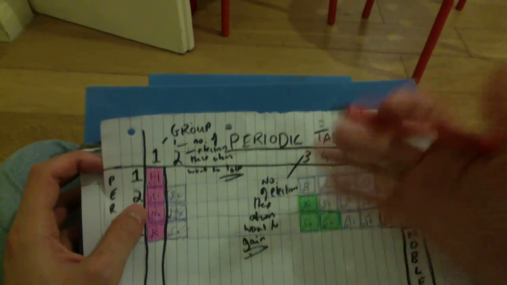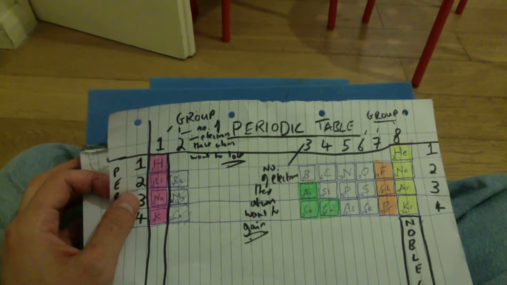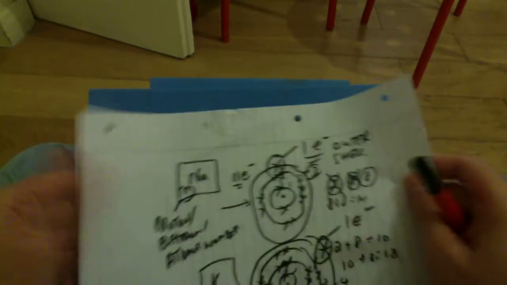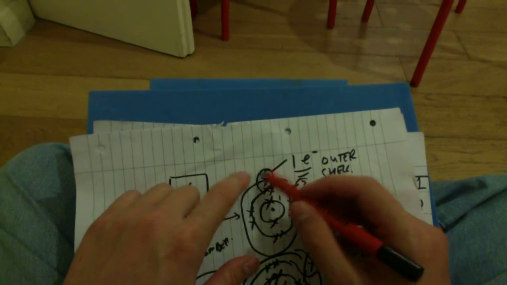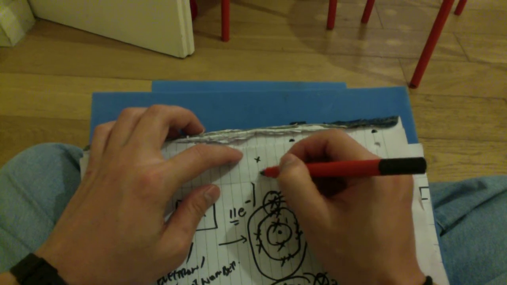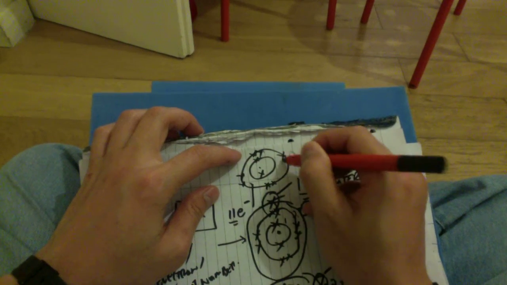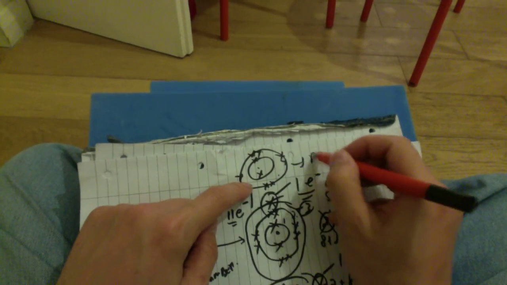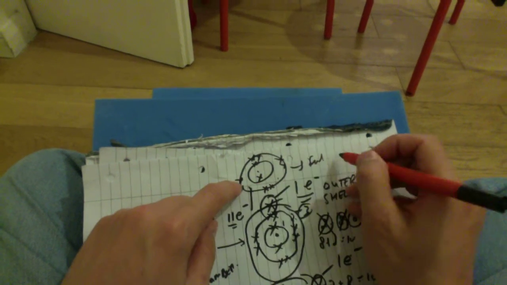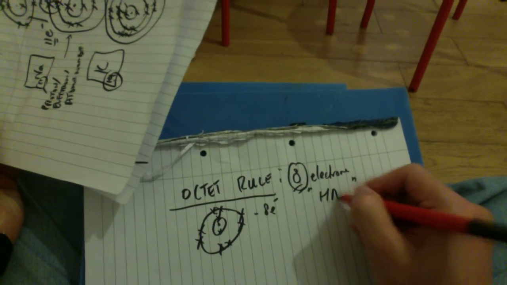To get a full shell, it needs to get rid of an electron, because as we've seen before with sodium, if it manages to get rid of this, what's it left with? It'll be left with that, and that is a full shell. There's 1, 2, 3, 4, 5, 6, 7, 8. There's 8 electrons. Then it becomes happy. So basically, all atoms want to become happy. They want to have a full shell of 8 electrons.